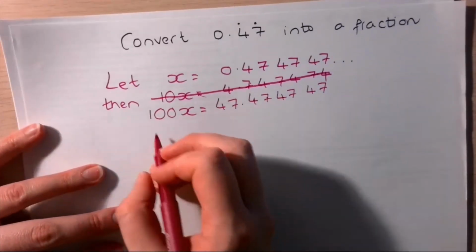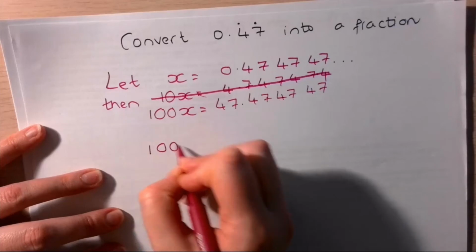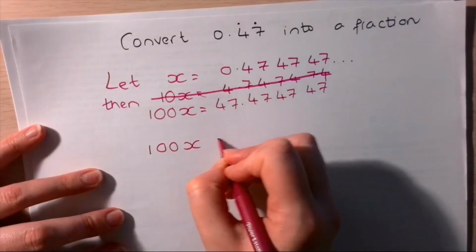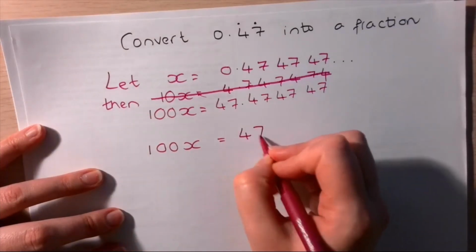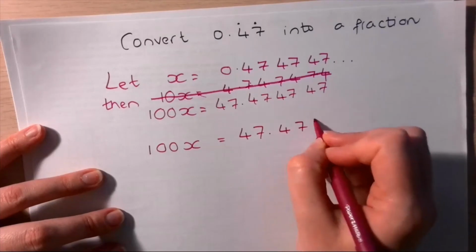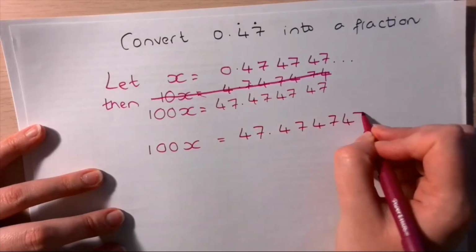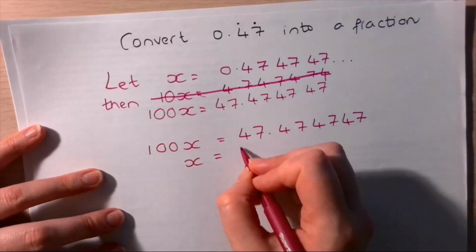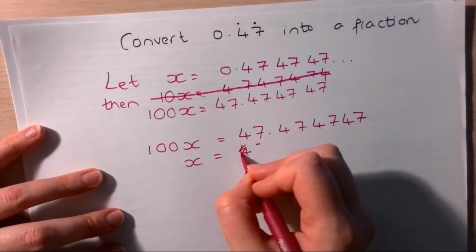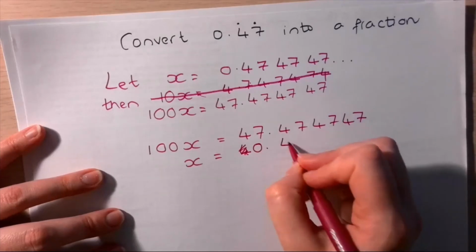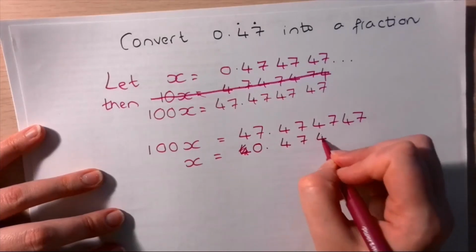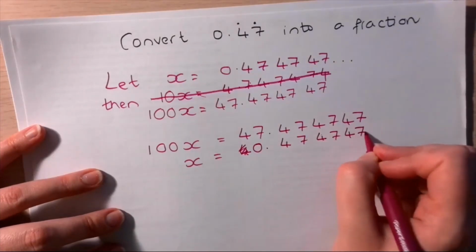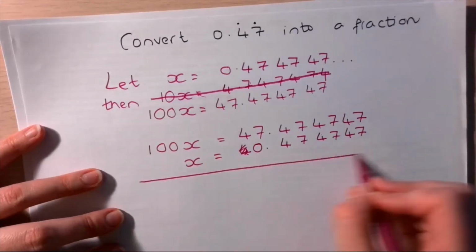Right then, so now we're going to do 100x. I'm just going to write them out as before: 47.47 and x below it. Oh, dear me, carried away with the 4s and 7s. Your eyes can start to go funny looking at these for so long.